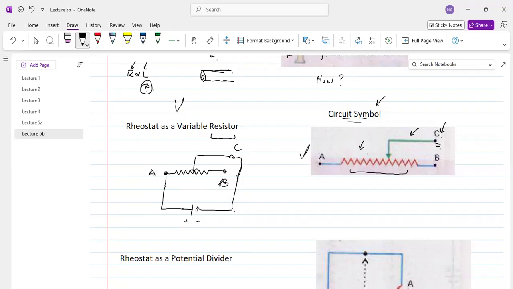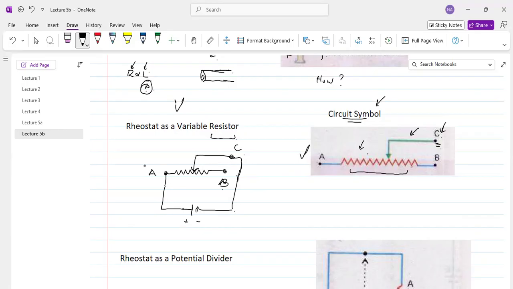as a variable resistor. Why am I showing this diagram here? I am actually trying to tell you that whenever we want to use rheostat as a variable resistor, two terminals of the rheostat are used.